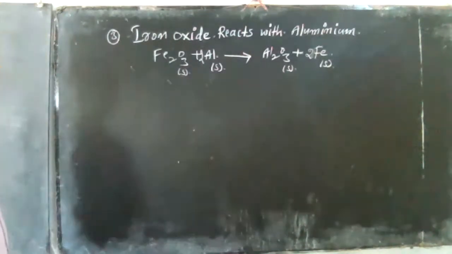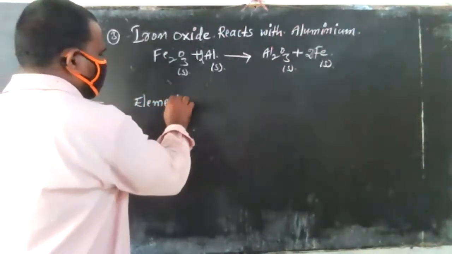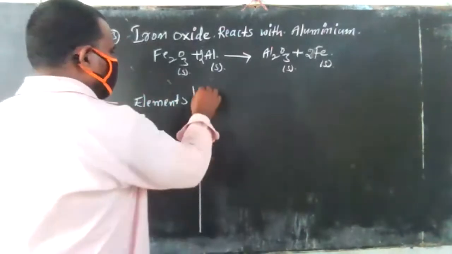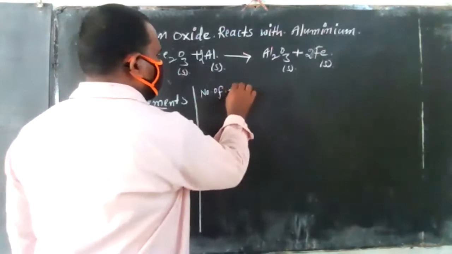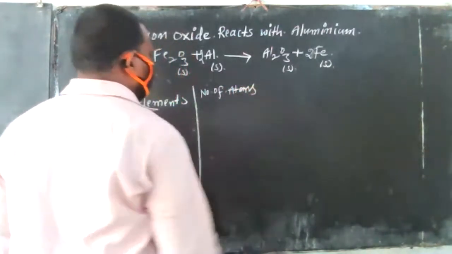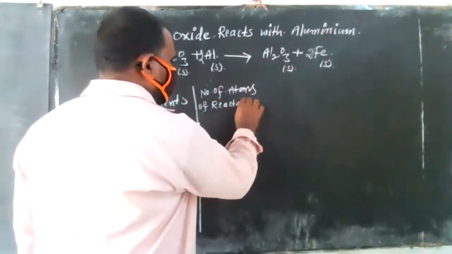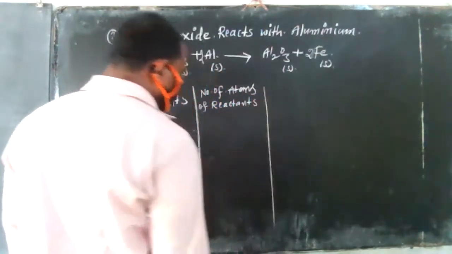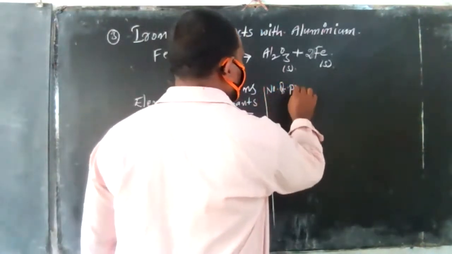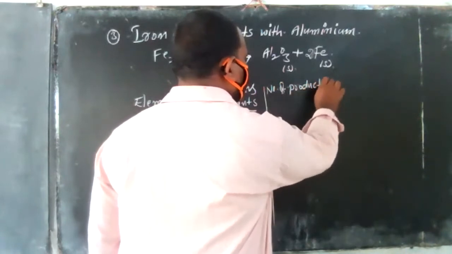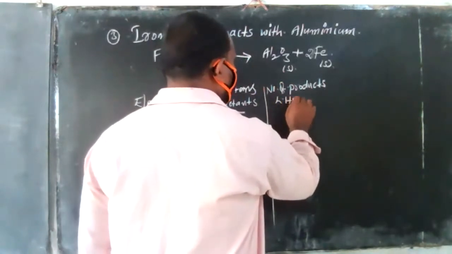Next, the other method. Just like you write a table: element, number of atoms on the reactant side, and number of atoms on the product side, meaning the left side.